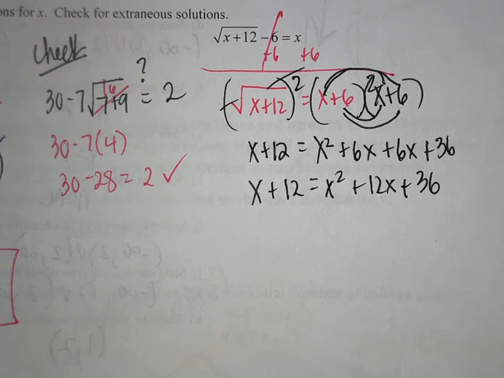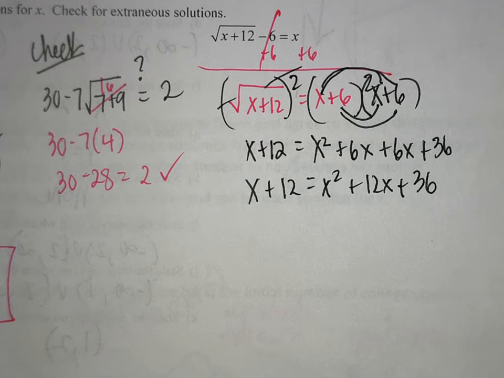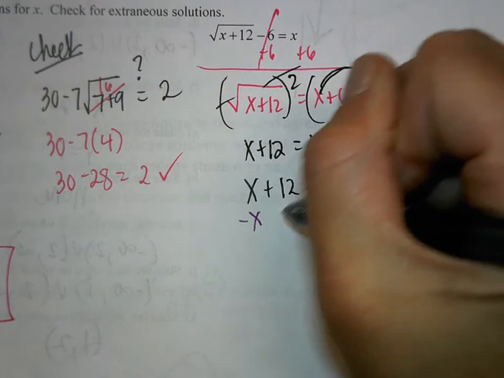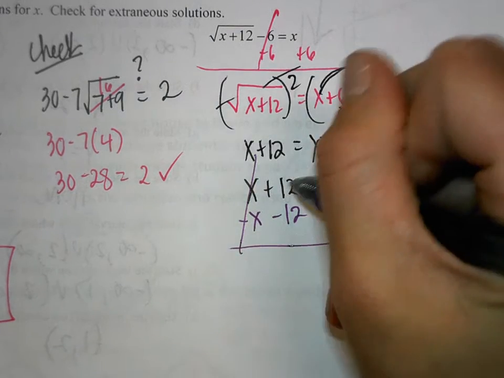Good. Subtract x and 12. Good. X squared's positive, and whenever we see an x squared term, you want x squared to stay positive, and then you're going to end up doing what? Factoring, right? Okay. So, subtract x, subtract 12, because that will make this set equal to 0.